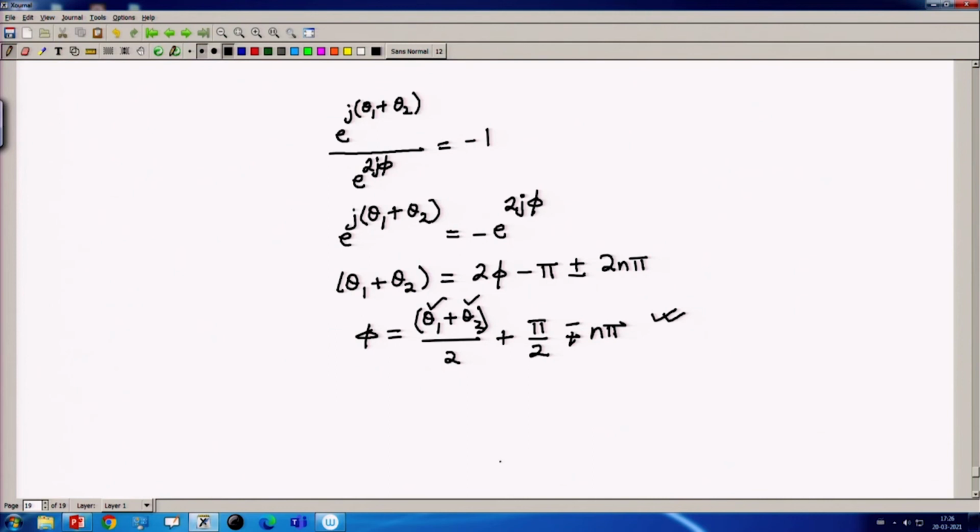So, we see that S12 is completely specified, it is a function of S11 and S22. It is completely specified in terms of S11 and S22.